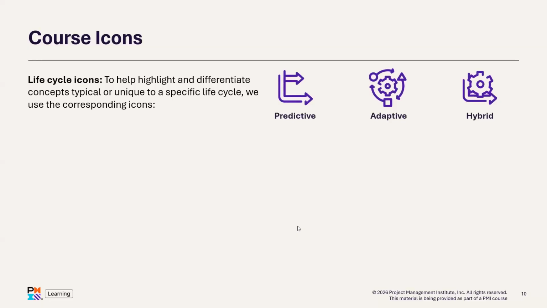So, like I began, projects are done using one of these three approaches: predictive, adaptive, hybrid approach. The approach we use will depend on a number of factors we are going to discuss as we go along.